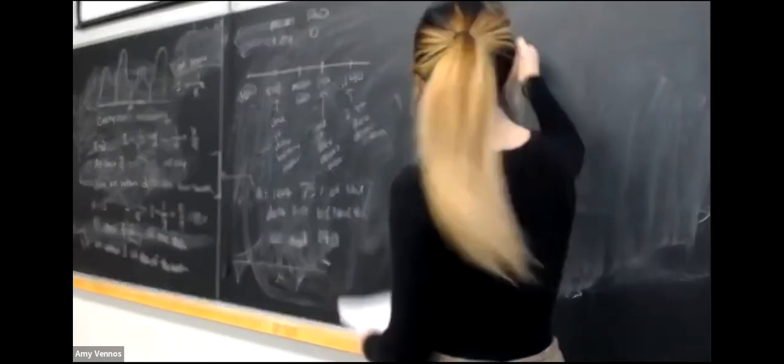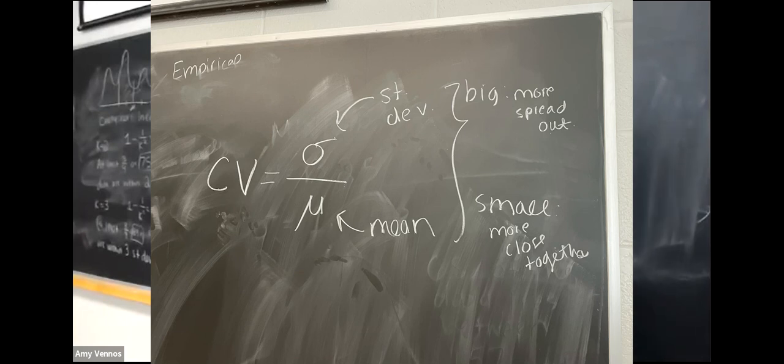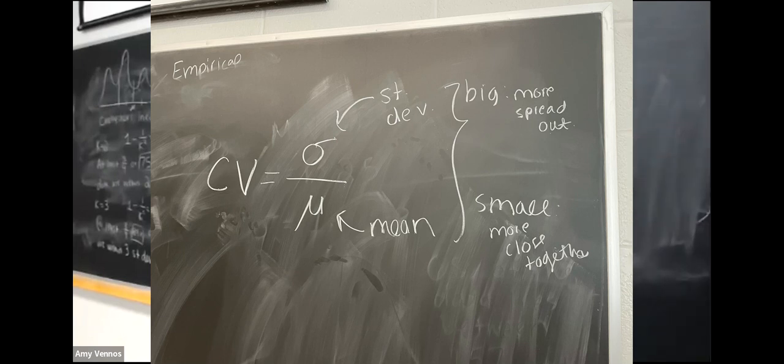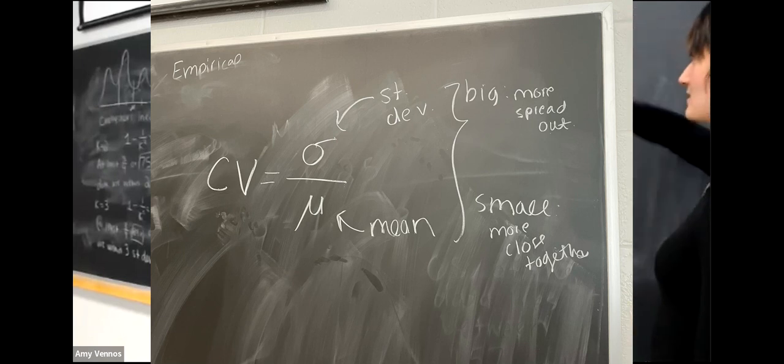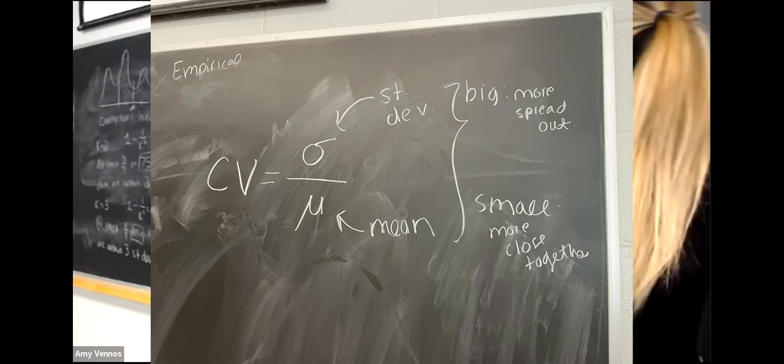Very simple formula, sigma over mu. So this is the population standard deviation, and this is the population mean, okay? So if you're asked to find the coefficient of variation, you take the standard deviation, divide by the mean. Let's just kind of talk about this real quick.